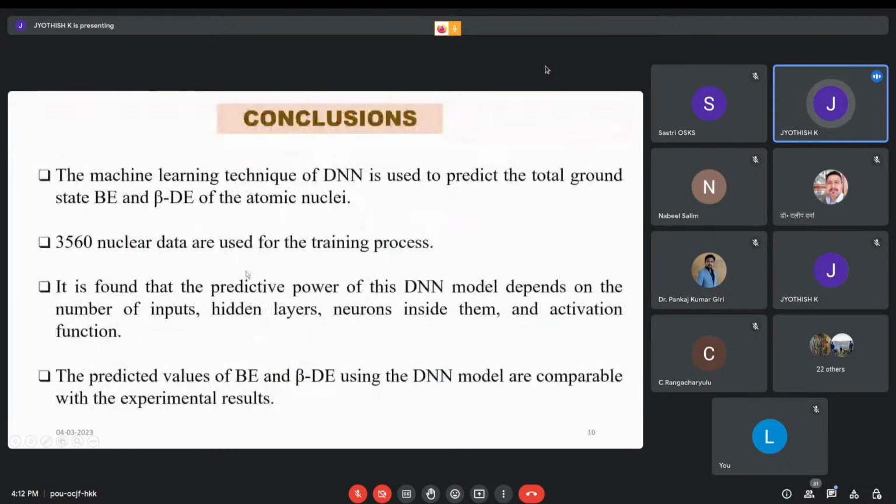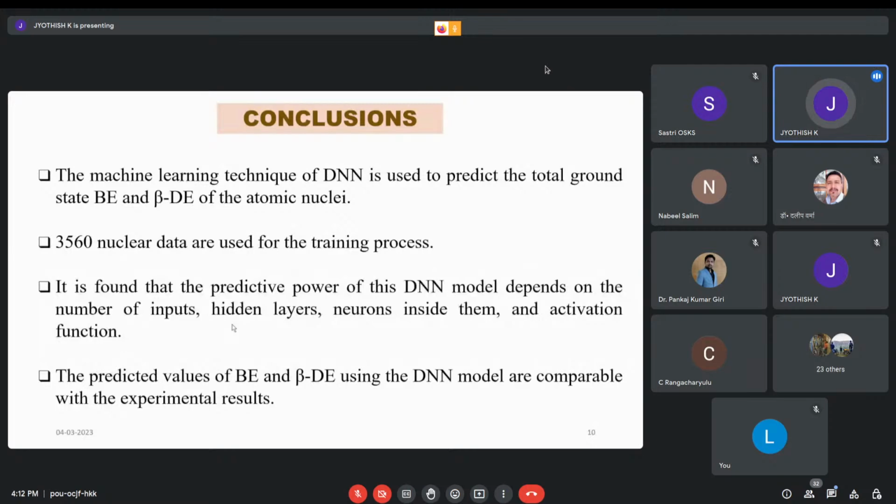So our conclusion: the machine learning technique of DNN is used to predict the total ground state binding energy and beta decay energy of atomic nuclei. 3560 nuclear data are used for the training process, and it is found that the predictive power of the DNN model depends on the total number of inputs, hidden layers, neurons inside them, and the activation function.